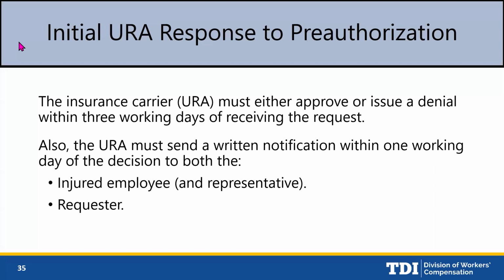So if I requested today and today's Tuesday, day 1 will be Wednesday, the next day. So 3 working days. It is not 72 hours. It is 3 working days. Also, the utilization review must send a written notification within 1 working day of that decision to the injured employee or their representative and the requester. So that's the responsibility. We'll walk through the URA's responsibilities now.